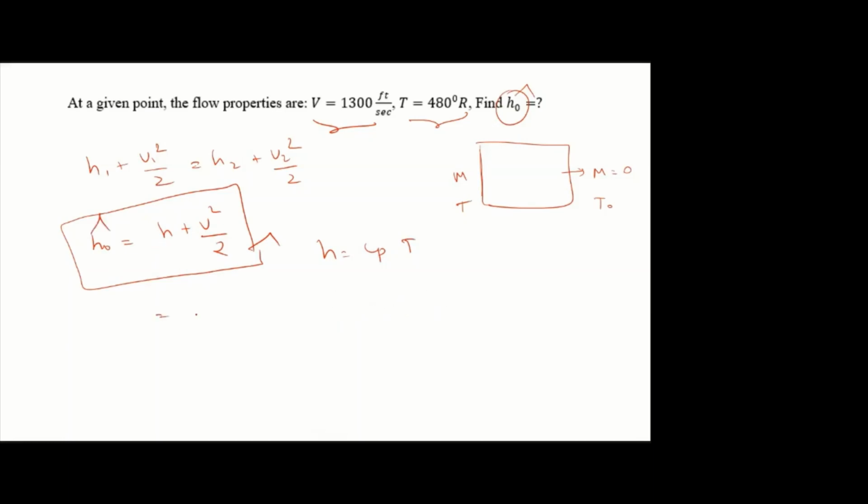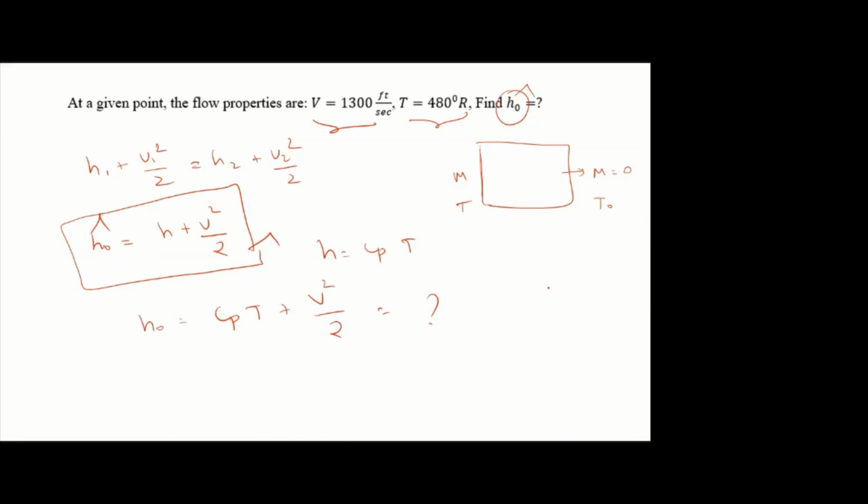Instead of H we can put CPT plus V square by 2. So Cp you know, temperature is given, velocity is given, directly you can find the H naught, just a 4-mark problem. But only one difficulty, all the units are in British unit, it is not the SI unit, right?